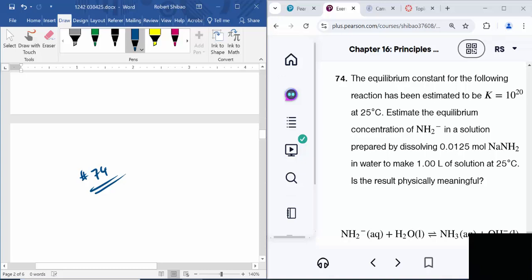When we're dealing with strong acids and strong bases, we have 2 ways that we approach it. Actually, let me show you here.